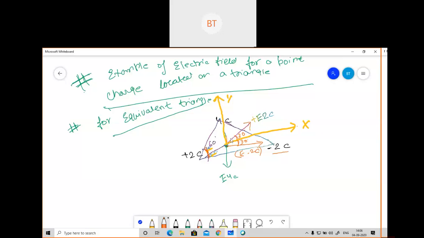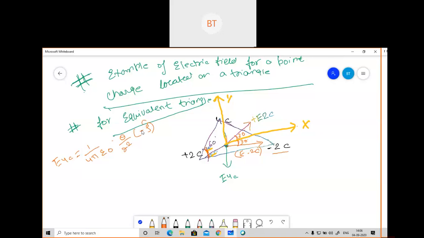So let us write the calculation based on the components in the x direction and y direction. We are left with only the calculation part. Now everything is finished. So see here, because of the 4C charge, I will write 1 by 4 pi epsilon naught into q by r square into minus j direction.